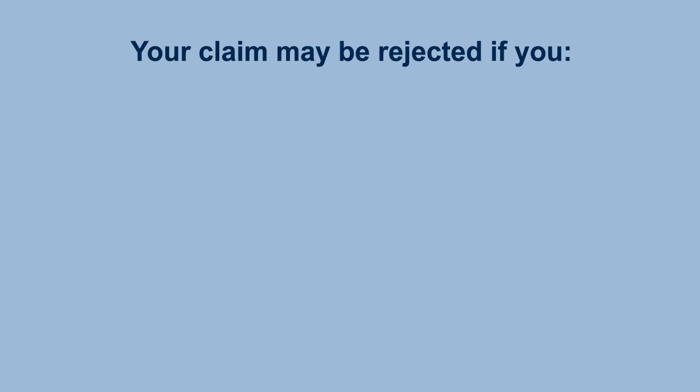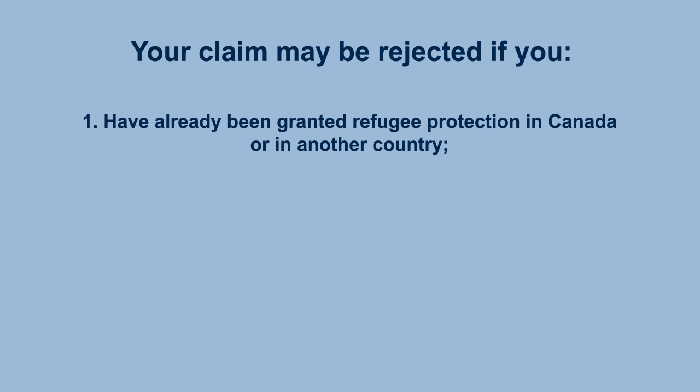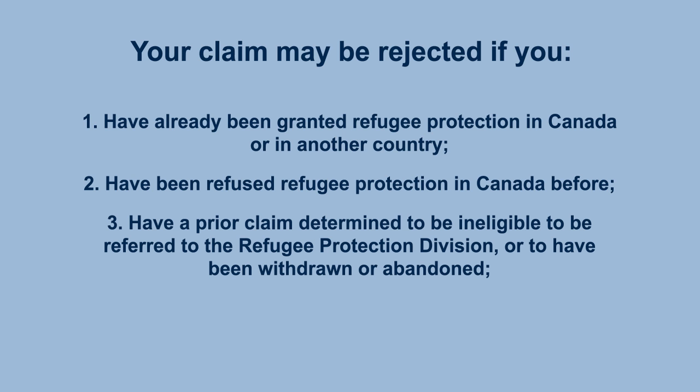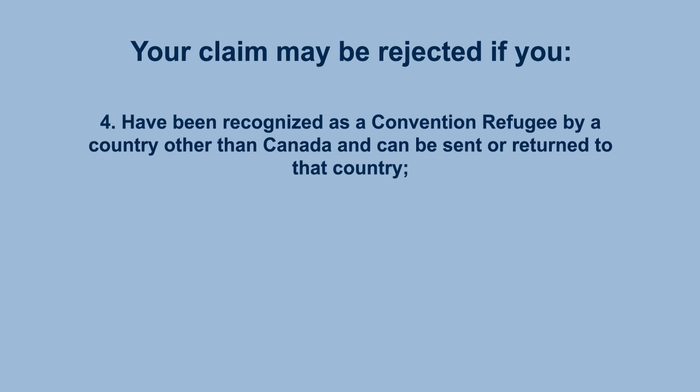Your claim may be rejected if you: 1. Have already been granted refugee protection in Canada or in another country. 2. Have been refused refugee protection in Canada before. 3. Have a prior claim determined to be ineligible to be referred to the Refugee Protection Division, or to have been withdrawn or abandoned. 4.